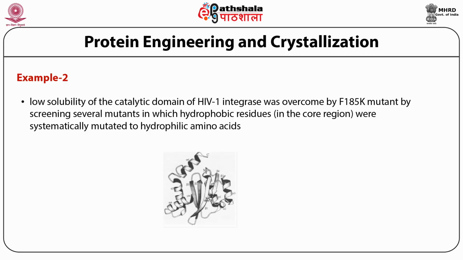Now the HIV-1 integrase crystal structure is solved. Why? Because of protein engineering. What did we do? We did sequential mutations. Many mutations were incorporated, and from them one mutant was selected, and the problem of solubility was overcome, and now we have the crystal structure on our desk.